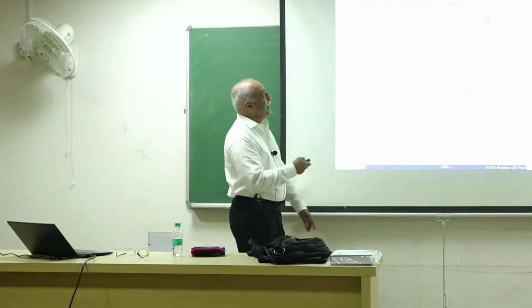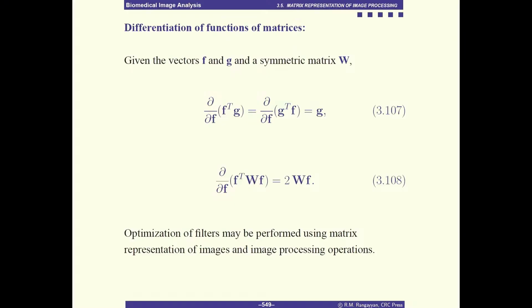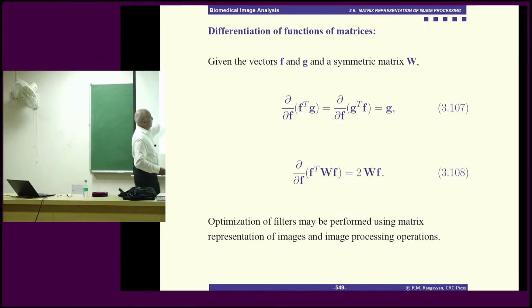So why? Now you can take derivatives. When you have F transpose G or G transpose F, take the derivative with respect to F, you get G. Like regular derivatives, because they are point-by-point multiplications, the derivatives will apply point-by-point. So the same vector is reconstructed as, note that this is partial derivative with respect to each element of F on each element of the output.